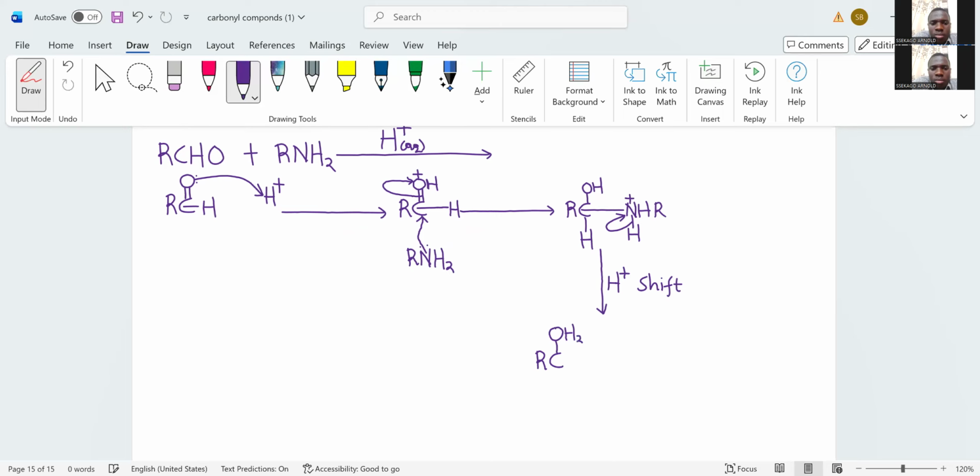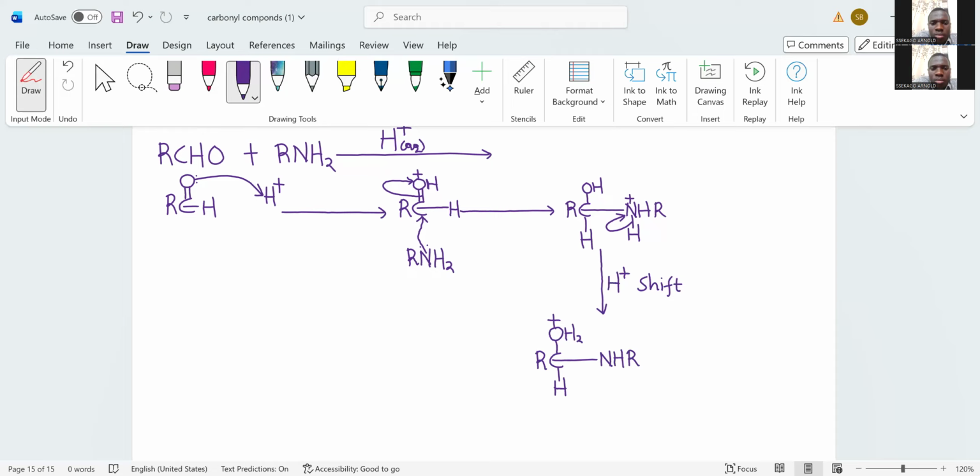Now oxygen carries 2 hydrogens because previously it was carrying 1 hydrogen, but 1 has shifted there. So now oxygen has a plus because it has donated electrons to hydrogen, which shifted to it. Like that. And then it also carries hydrogen and nitrogen with N and R, like that.